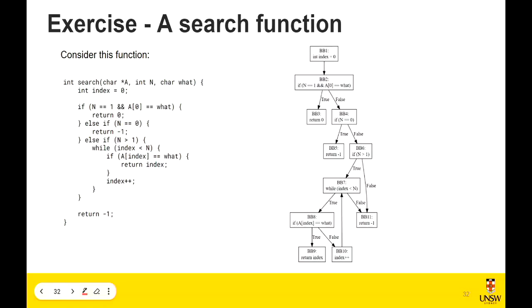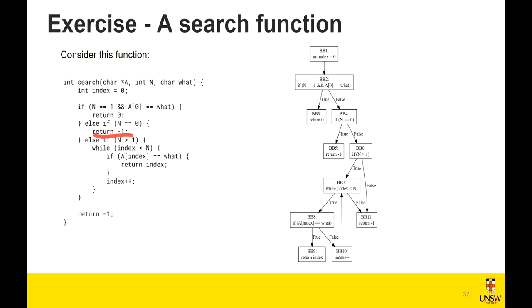What this search function will do is return the index of the character in the string, unless it is not found. If the character is not found in the string, it will simply return -1.